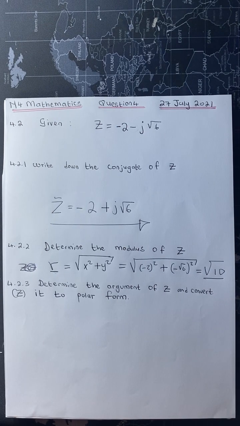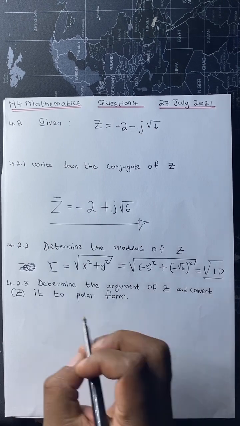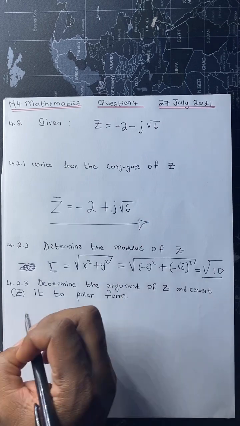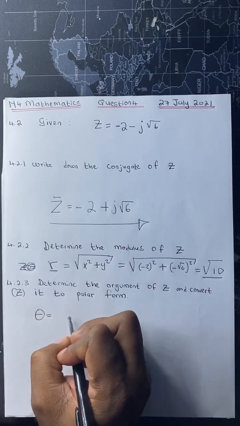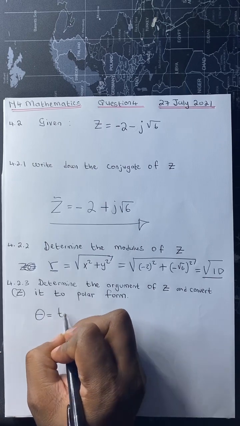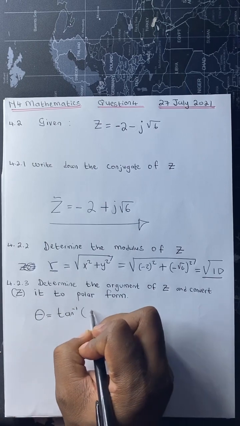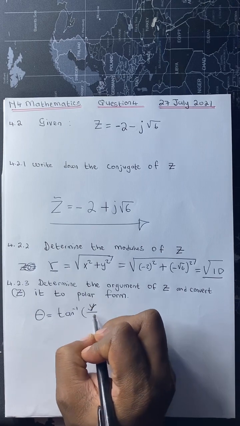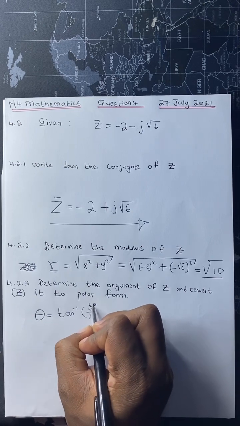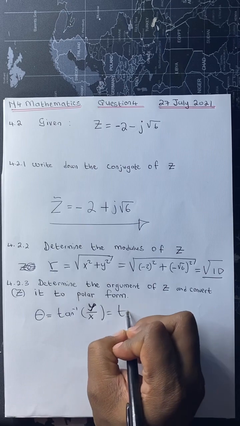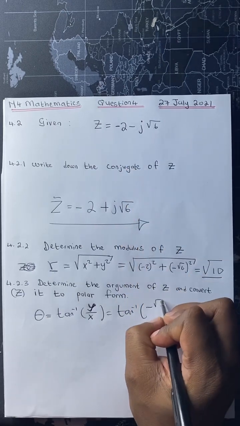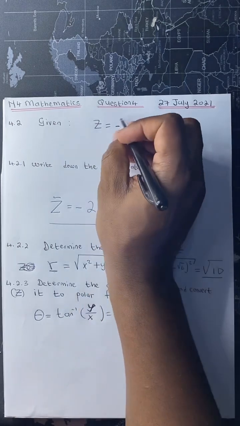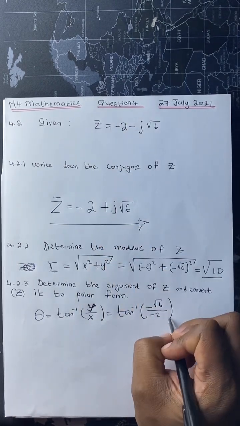4.2.3, we are to determine the argument of z and convert z to polar form. So the argument is the angle theta, which we can determine as theta is equal to arctan of y over x. Our y is equal to negative the square root of 6, and our x is equal to negative 2.